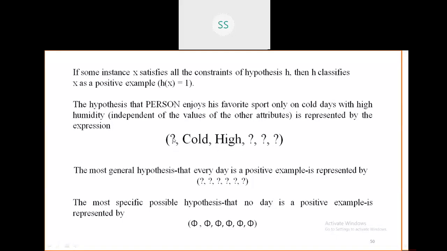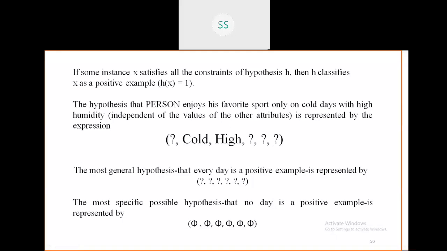Look at these question marks: these attributes have no importance here. If it is cold and humidity is high, it doesn't matter what the sky is, whether the water is warm or not, or whether the weather is going to change or not. I am going to play the game.